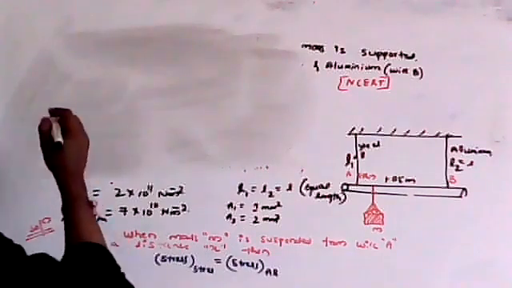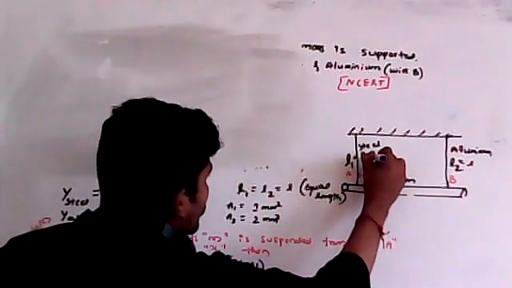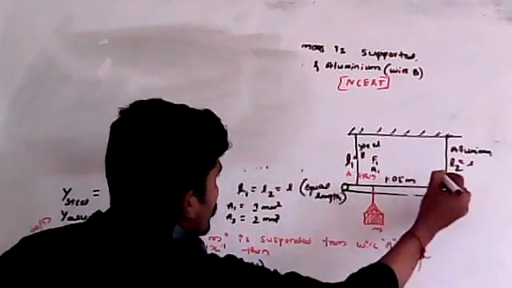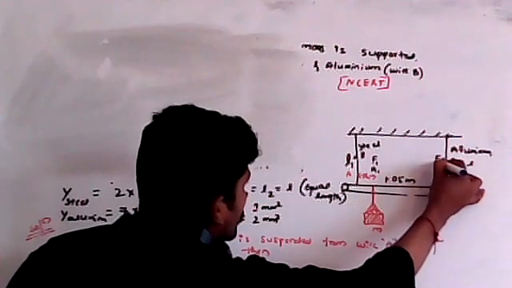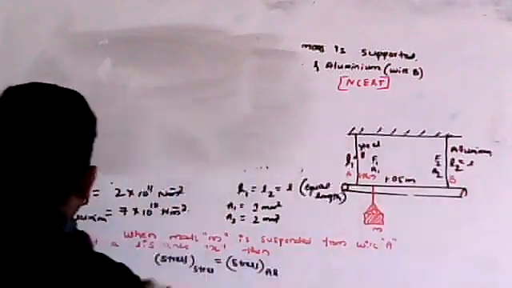Yes, many of you are getting the result. Now stress means, for the first wire, let me write force is F1, and the area of this one is A1. In the same way, force for this one is F2 and the area will be A2. Simple.